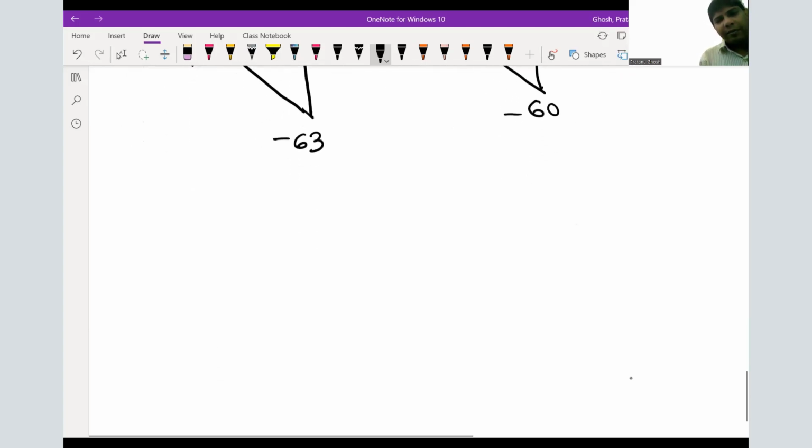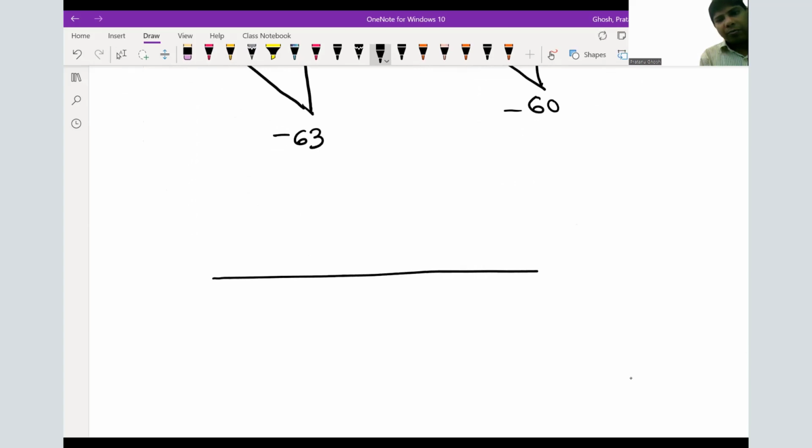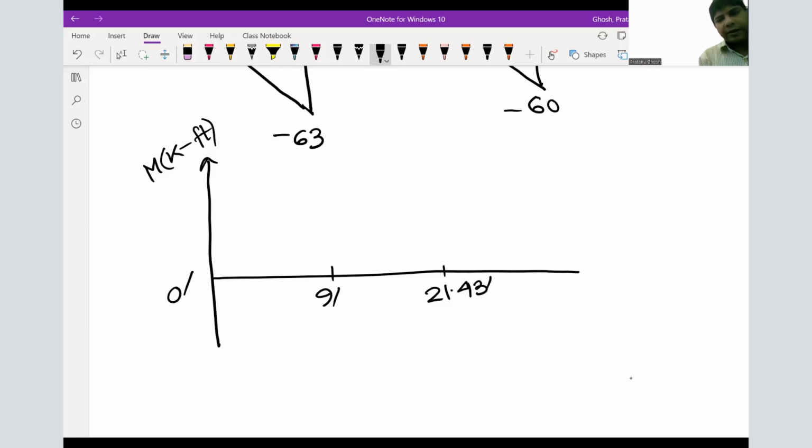Let's do the bending moment diagram. Same points are important. M in kip-feet, x in feet: 0 feet, 9 feet, 21.43 feet, and then 30 feet. A, B, C. So it starts with 0, ends with 0, and then it becomes negative 283.5, and it is quadratic, so curved, concave down.